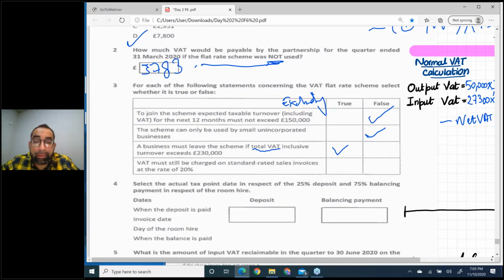Now the last point. Before I read the last point, let me remind you of something I taught you just before this slide. Even if you join the flat rate scheme, your relationship with suppliers and customers will remain the same.